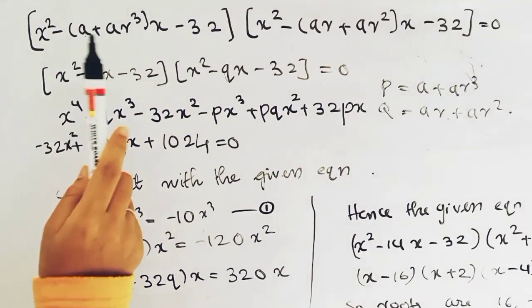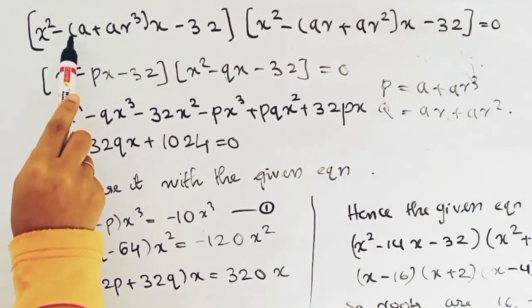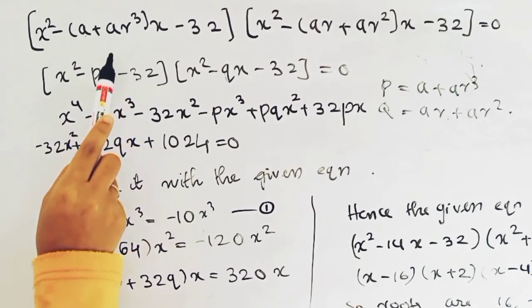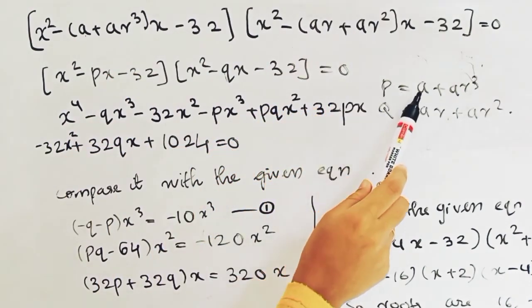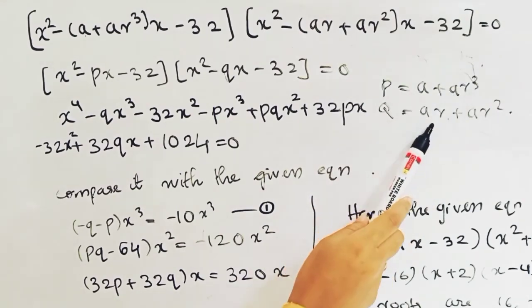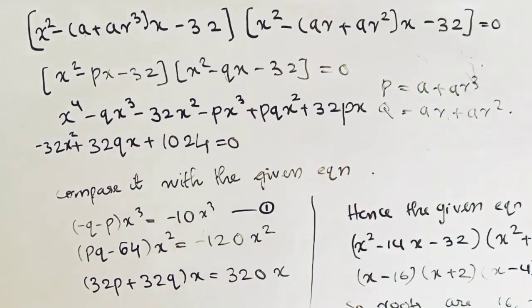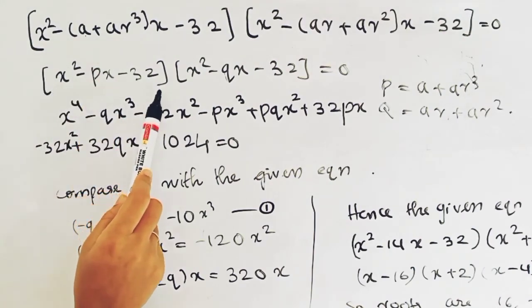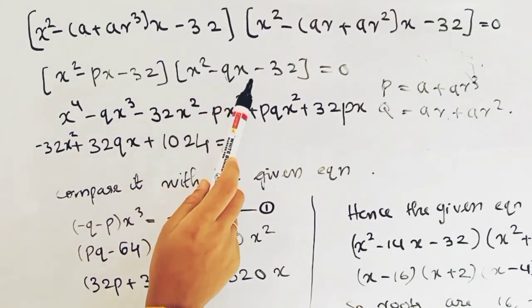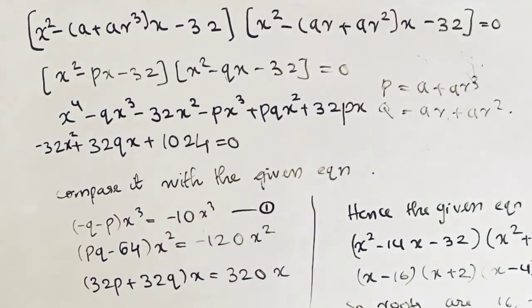Now we can write a plus ar cube as p and ar plus ar square as q. So p equals a plus ar cube and q is ar plus ar square. Now we can write it as x square minus px minus 32 into x square minus qx minus 32 equal to 0.